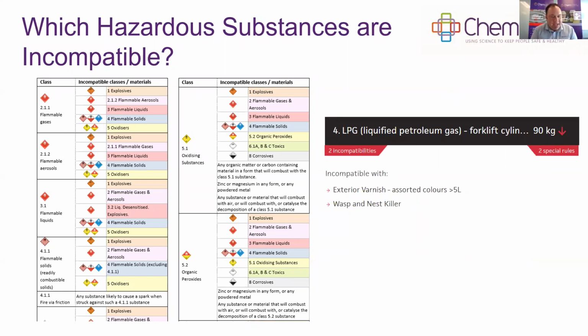So at ChemSafety, we are able to provide these charts that allow you to understand which substances are incompatible with others. They have been directly extracted from the regulations, so they are on board with our health and safety at work legislation also.